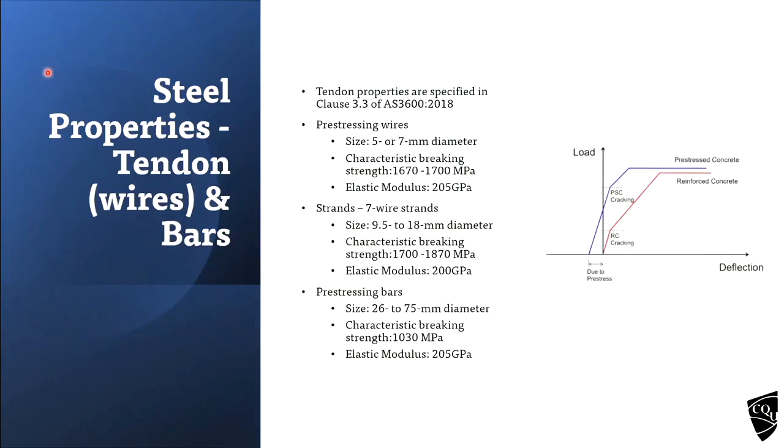The tendon properties are given in clause 3.3. In section 3 you also have the properties of concrete, but that is in 3.1, and here 3.3. 3.2 is for the reinforcing steel.